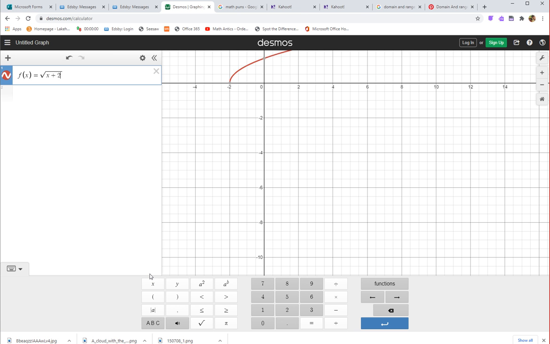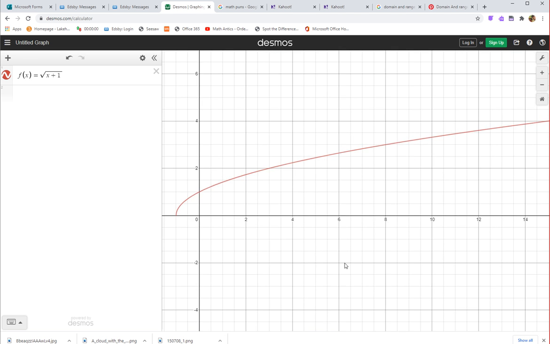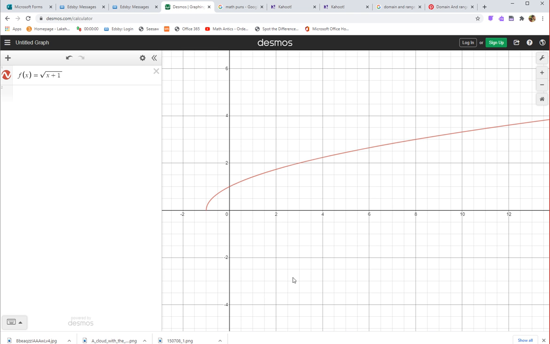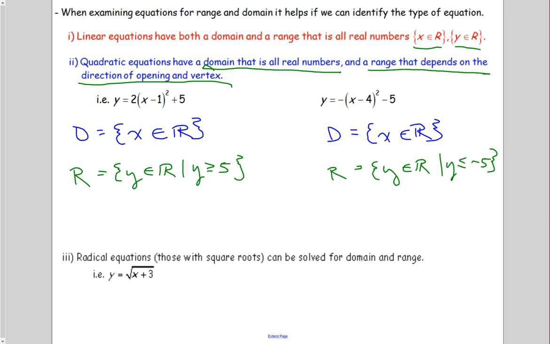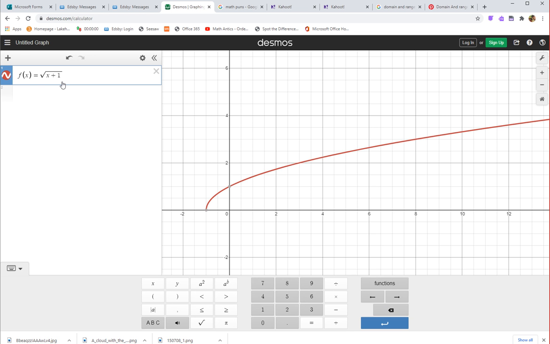So x plus 1. And here it is. That's what it looks like. I think it was plus 1, wasn't it? Plus 3, sorry, plus 3. Let's fix that. Plus 3.